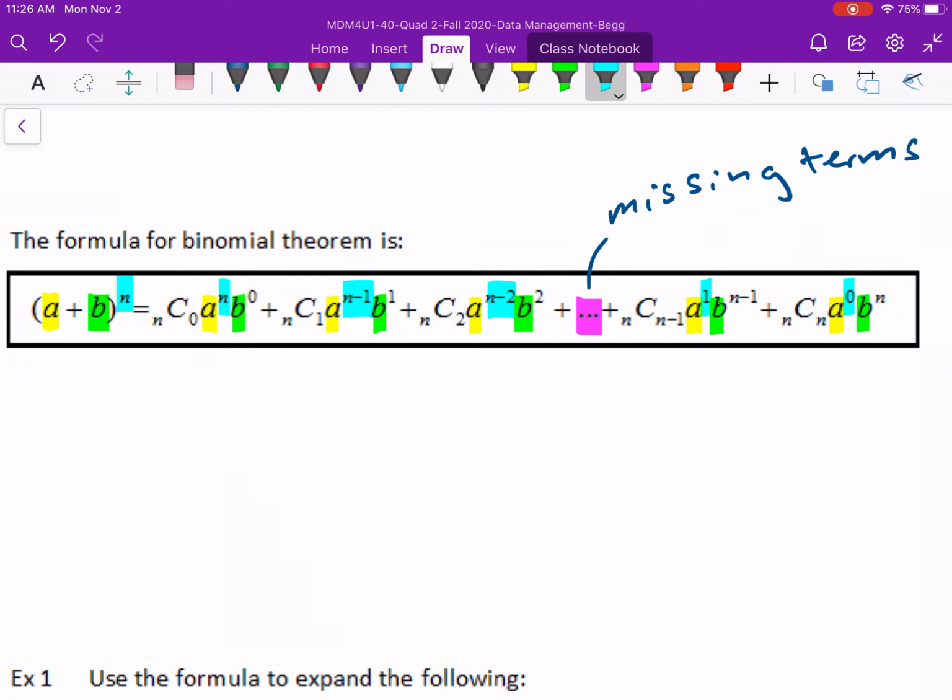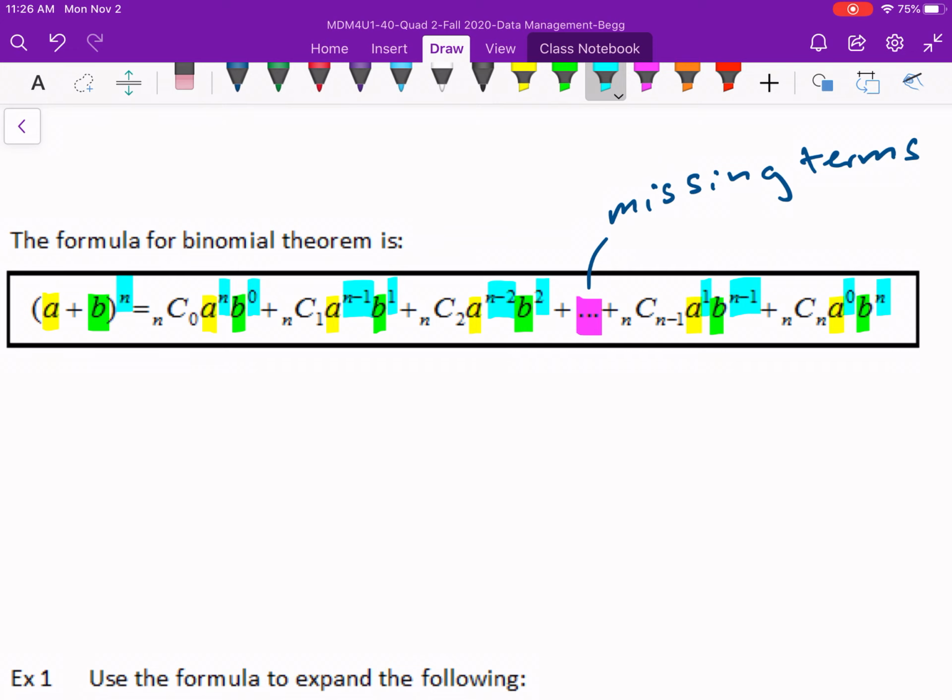And you'll notice that as for the exponents on the b, it starts at 0, and then it goes up to 1, and then 2, and then there are some missing terms, but then you have n − 1, and then you end up with the exponent n as the highest exponent on the b term as we expand this out.